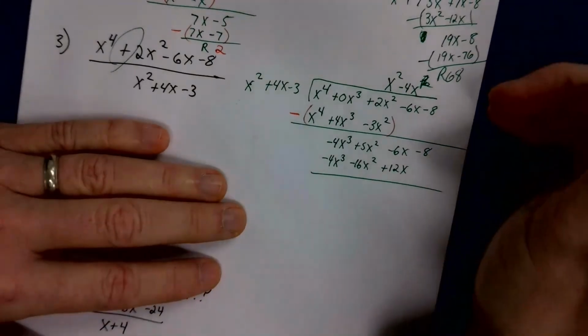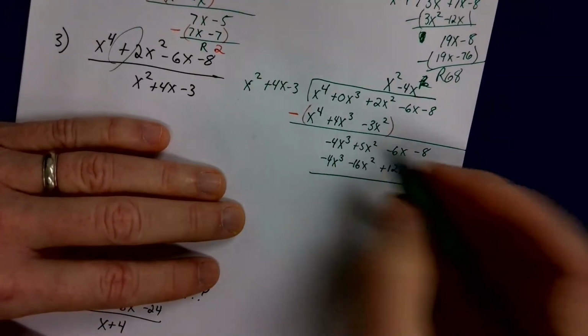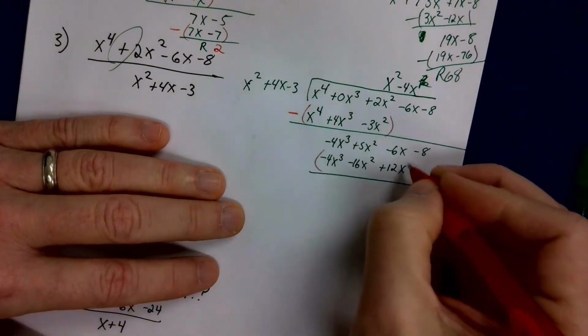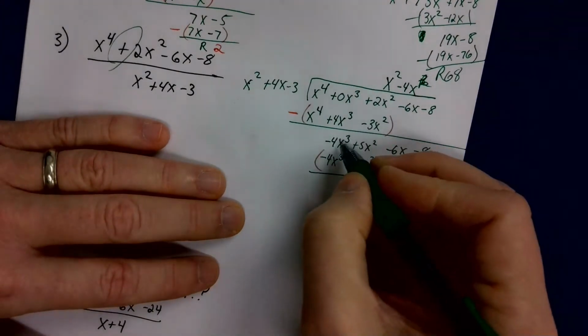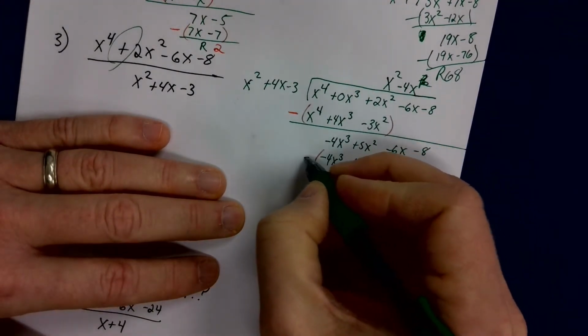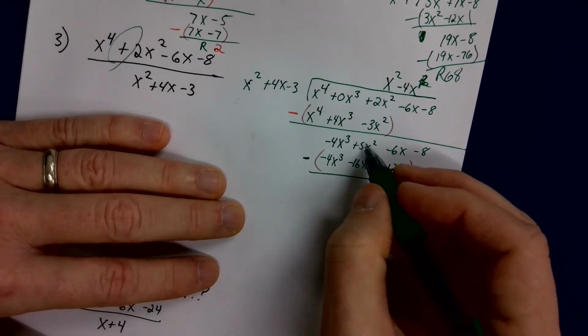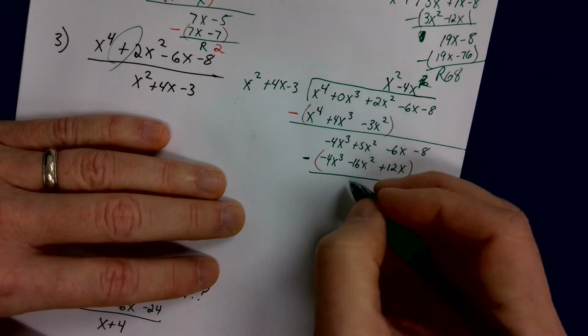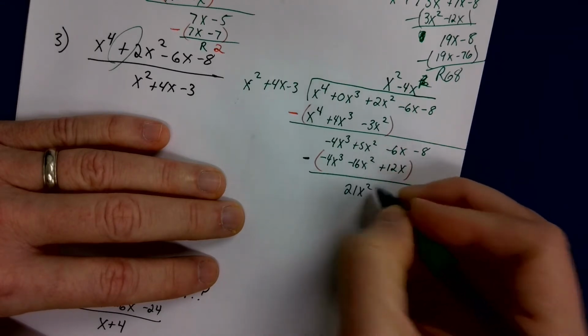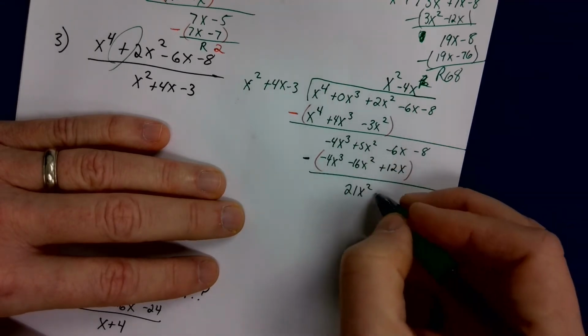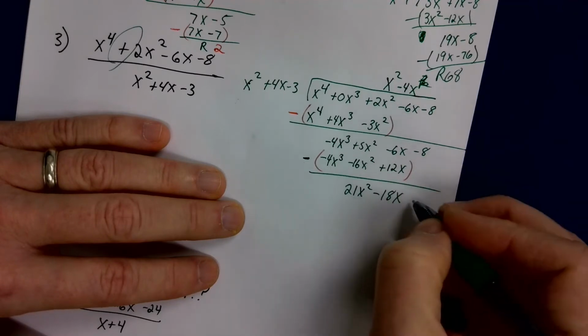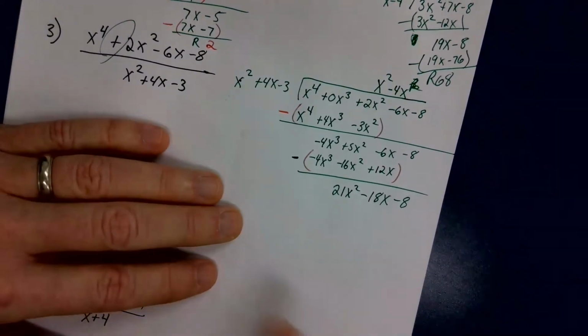You're just simply doing the processes. And then what do I remember to do? Subtract. Negative 4x cubed minus negative 4x cubed makes it a plus, so those go poof. 5x squared minus a negative 16x squared is 21x squared. Negative 6x minus 12x is negative 18x. Carry down your minus 8.